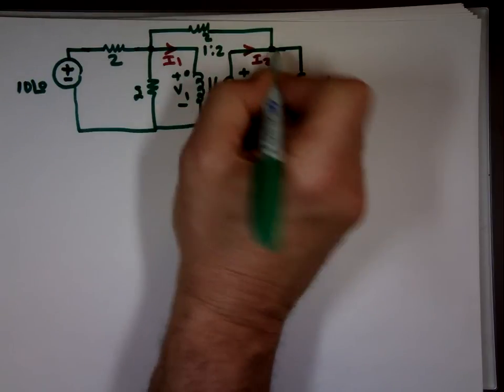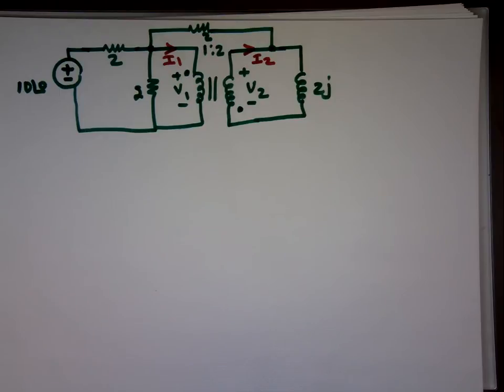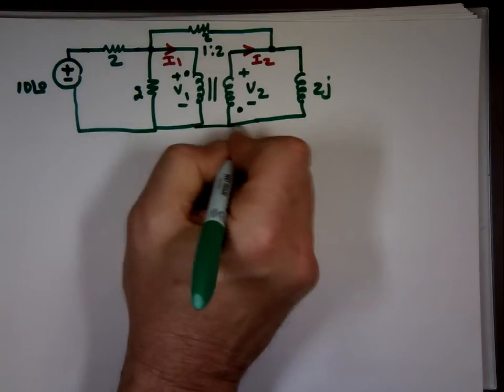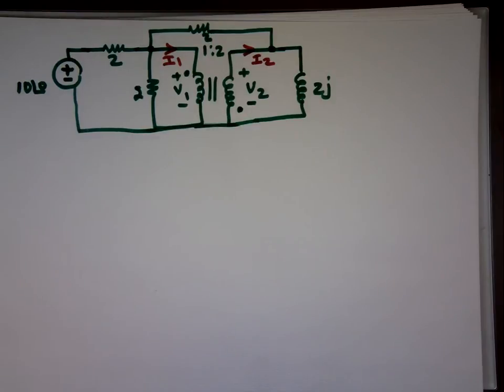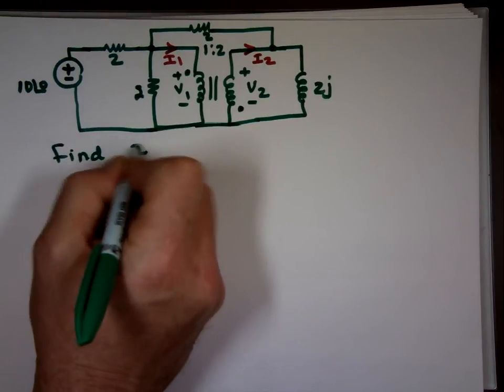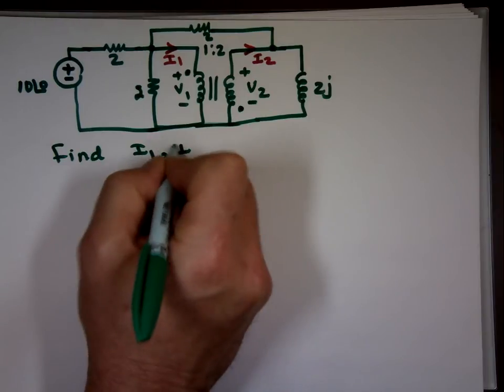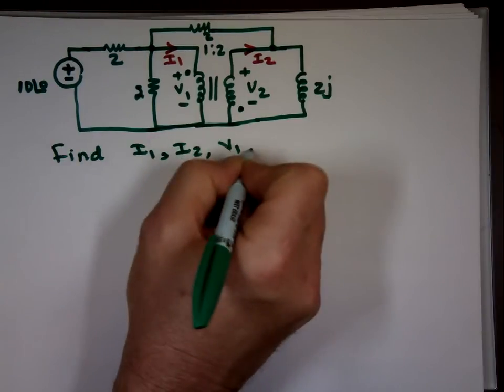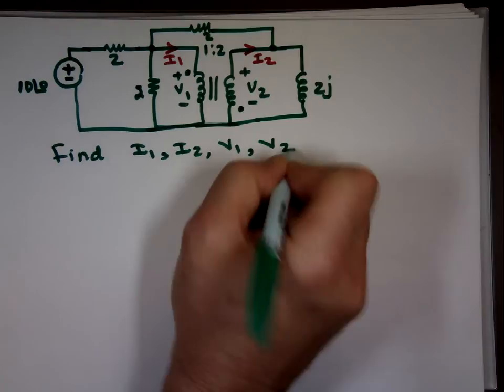Also, they're connected at the bottom. And the question, what is I sub 1, I sub 2, V1, V2? Find all that stuff.